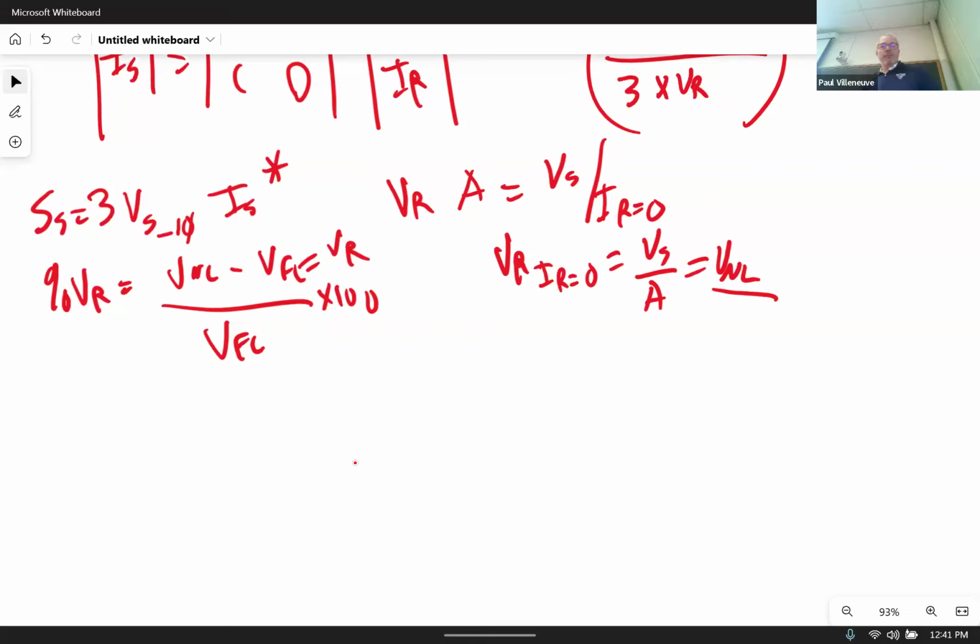Because a lot of people got tripped up on that one. A lot of people also got tripped up on efficiency. Efficiency is purely a real number. Some people included magnitudes and angles. That's not efficiency, right? Power is just real power. There is no angle associated with it. That was it. Questions on problem 3?